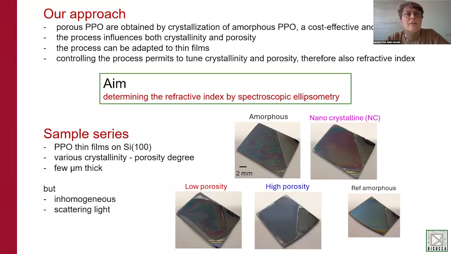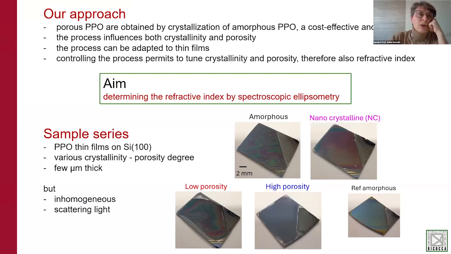The process influences both crystallinity and porosity, and this was known, but the process was not yet adapted to grow thin films. So the films are prepared in advance, and then the process of solvent-assisted crystallization can be applied to get porous thin films.